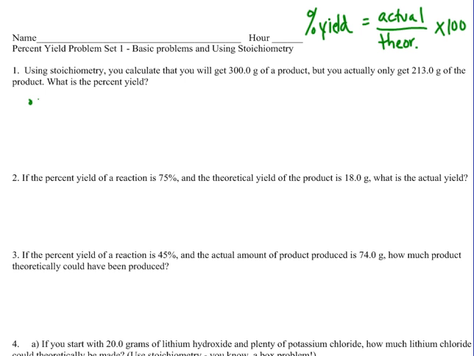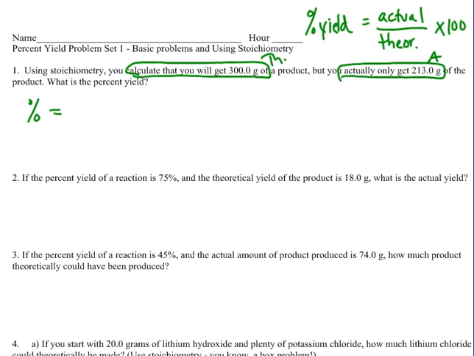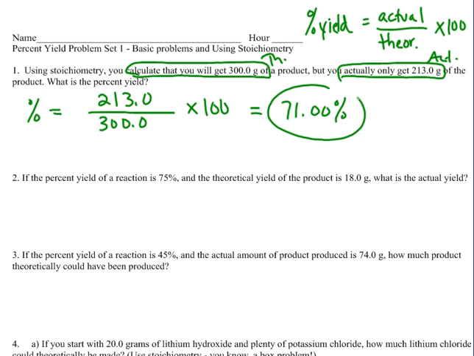So here, you calculate that you'll get 300 grams, so that's your theoretical. You actually get 213 grams, so that's your actual. So this becomes 213.0 divided by 300.0 times 100, and our answer here, maintaining significant figures as both of our measurements were, works out to 71%.